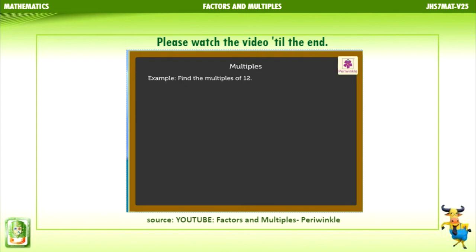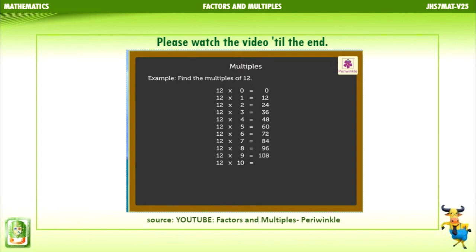When we multiply 12 by 0, 1, 2, 3, 4, 5, 6, 7, 8, 9, 10 and so on, we get 0, 12, 24, 36, 48, 60, 72, 84, 96, 108, 120 and so on as the products.